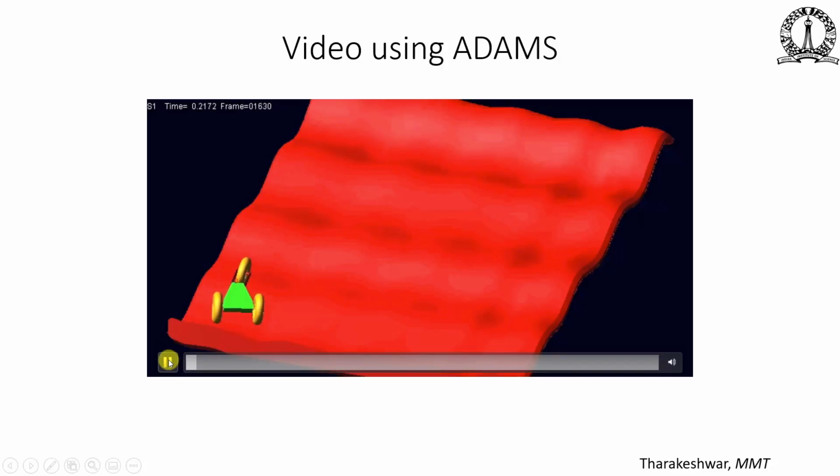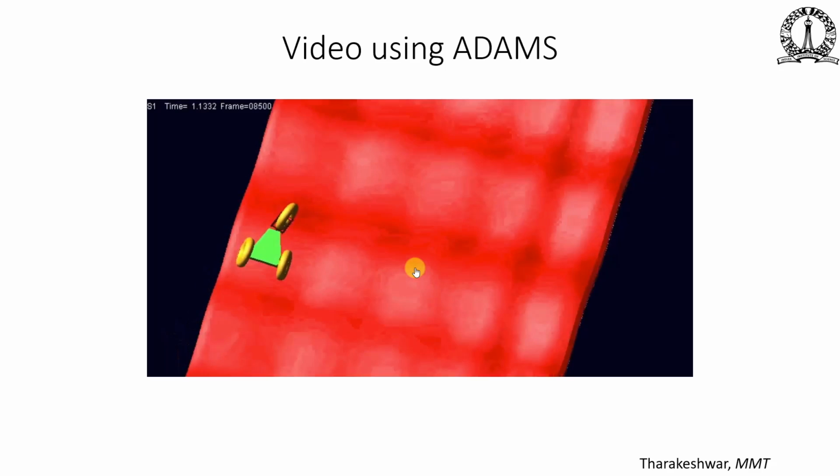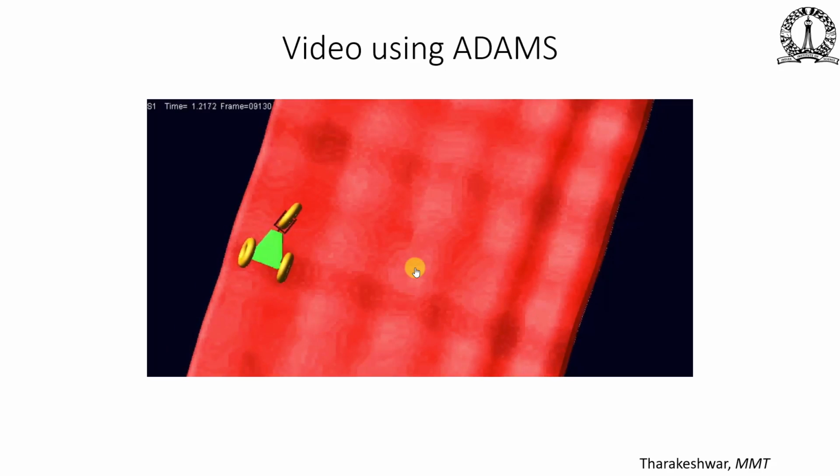The important thing to notice is that this uneven terrain looks like a wavy surface because we can't generate very complicated uneven terrains in Adams. The important thing to notice is that the wheels are tilting laterally. The front wheel is rotating and also being steered, whereas the two rear wheels are rotating and tilting laterally.